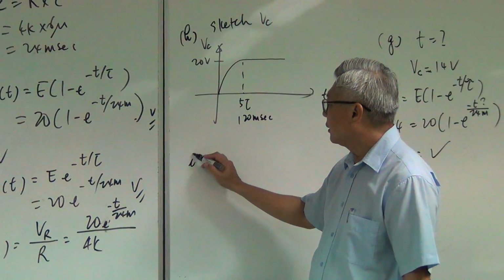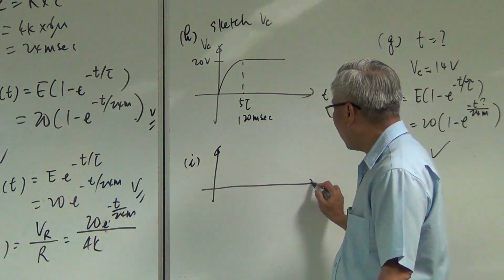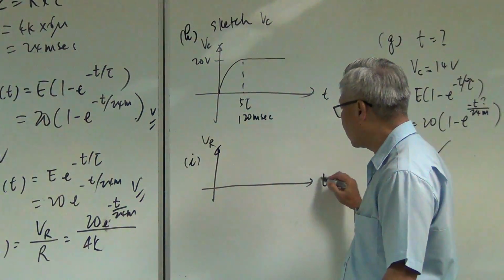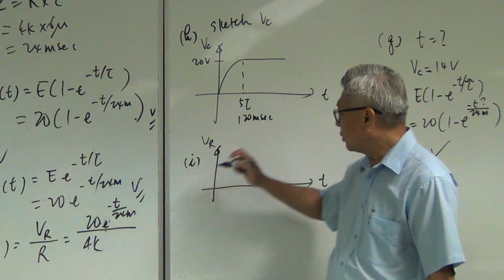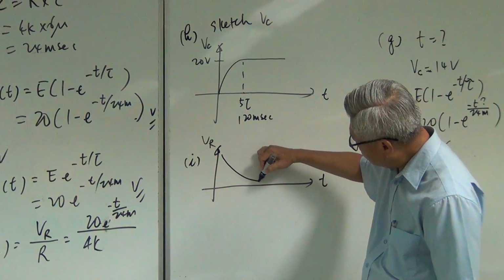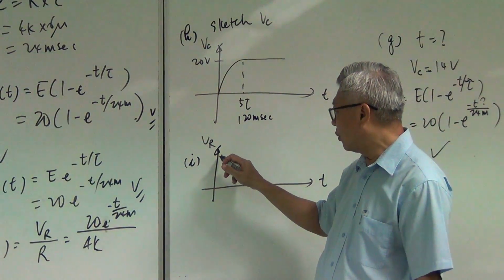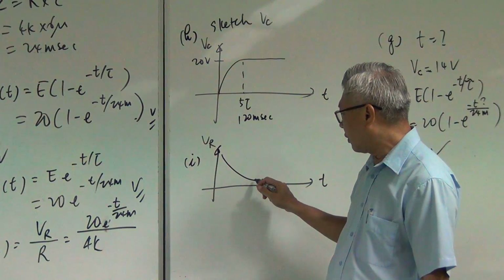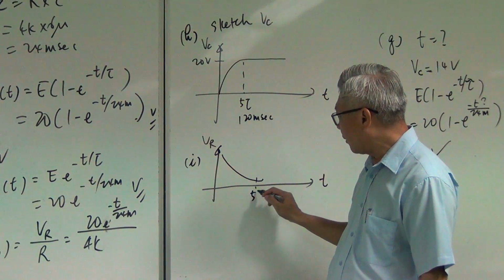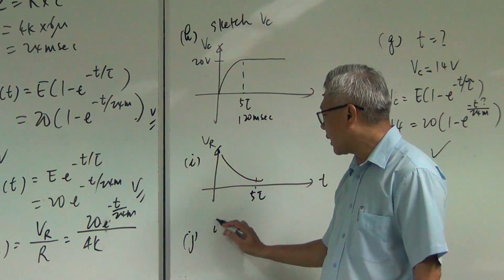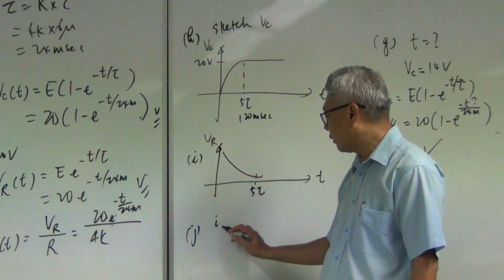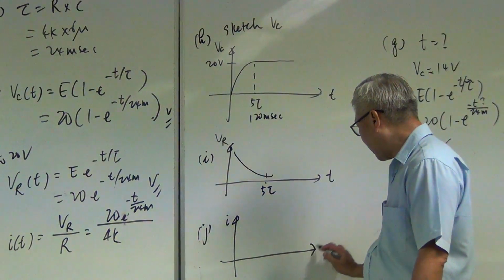Part I. Can you sketch VR, the voltage across the resistor? It is a decreasing function, so it decreases from 20 volts to 0 volt. How long does it take? 5 time constants. Part J. Can you sketch the graph for the current?